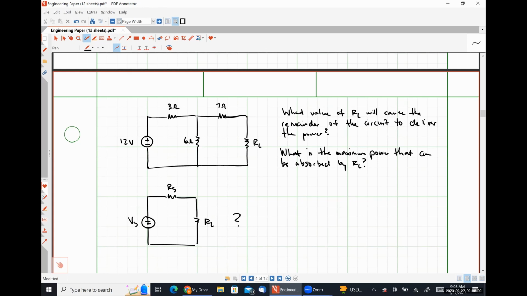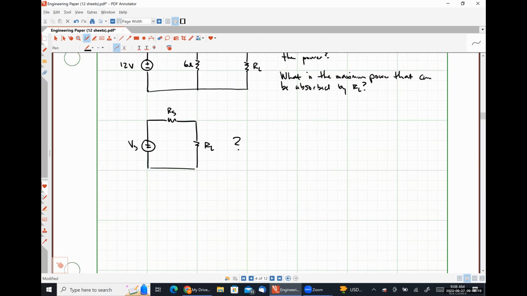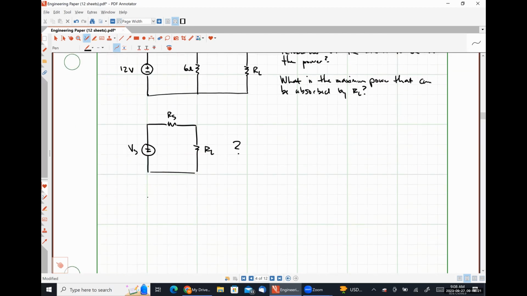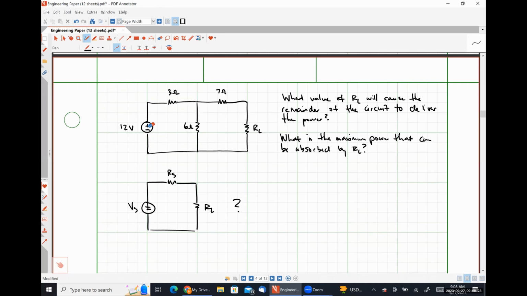So what am I going to have, Troy? Okay, so 4 amps, is it going to be direction up or down? All right, so 4 amps up. What's going to happen to my 3 ohm resistor in parallel with the 4 amps?